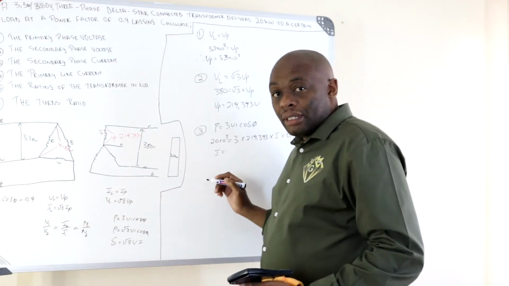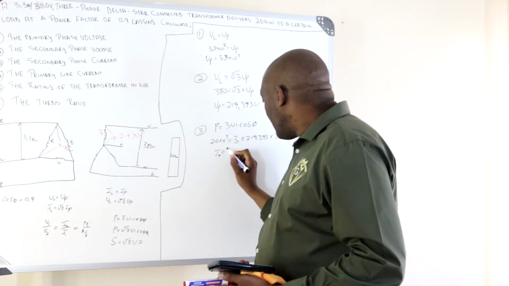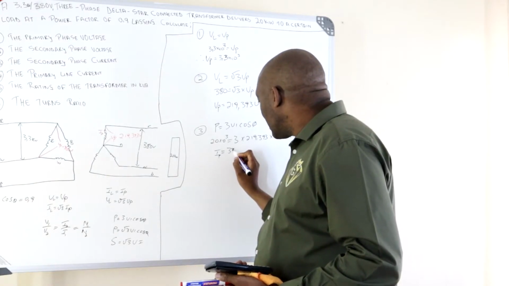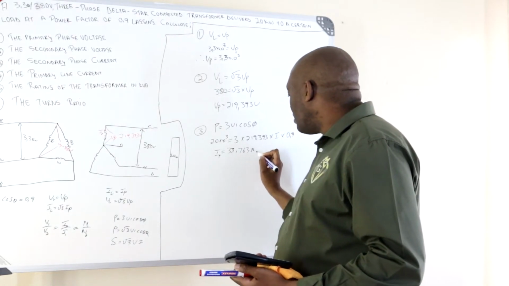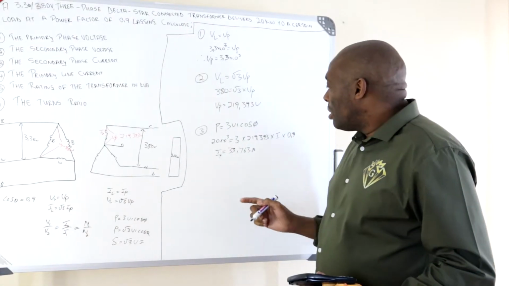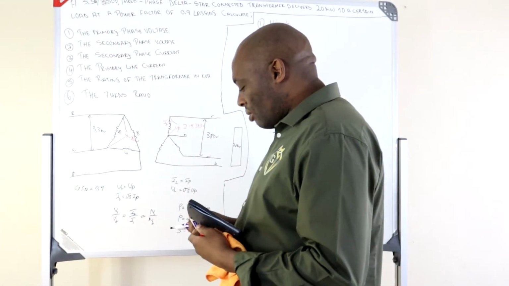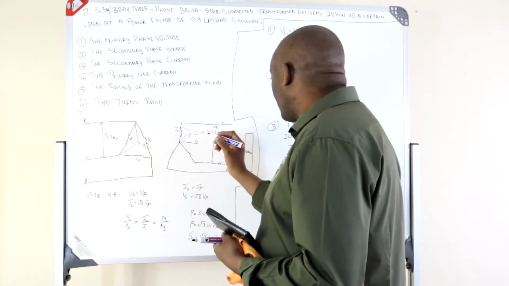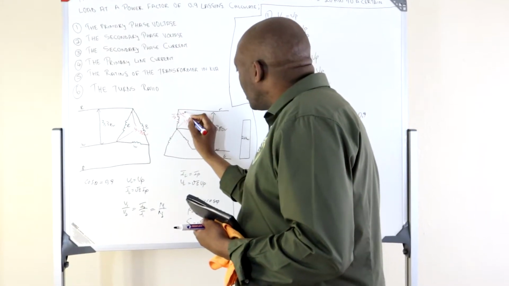I find the value of the secondary phase current to be 33.763 amps. That's the value of the secondary current, which is this current flowing through our phase here.